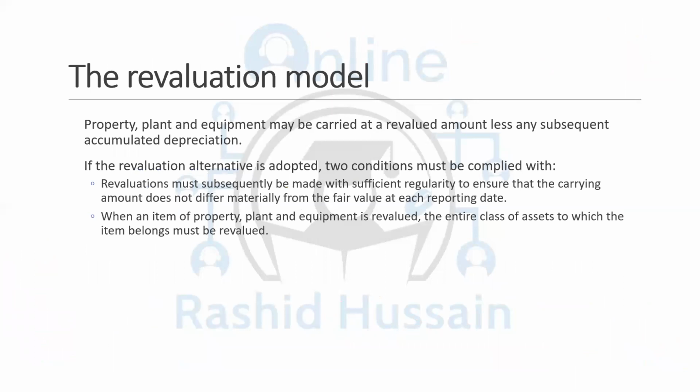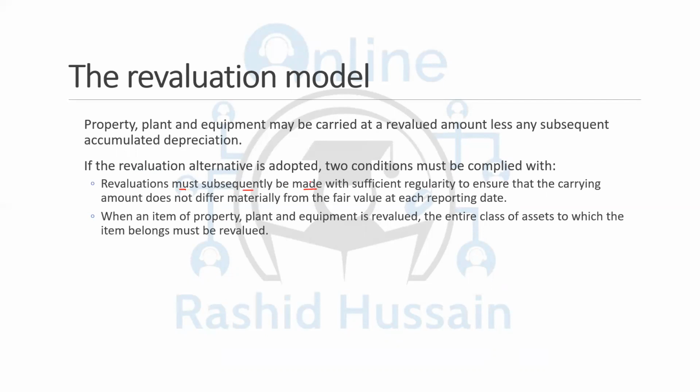So now we have the revaluation model, and we have already studied that we are going to keep the assets in the revaluation model whose value is market value and the fair value is volatile. That means it's going to change frequently on a regular basis. Now, in IAS 16, there is no compulsion to revalue the asset every year. Instead, what IAS 16 suggests is that the revaluation must subsequently be made.